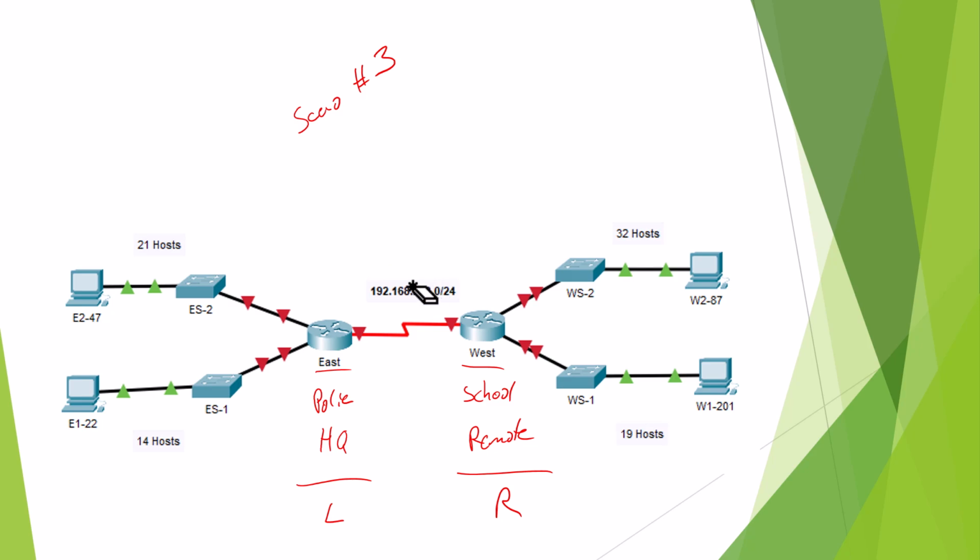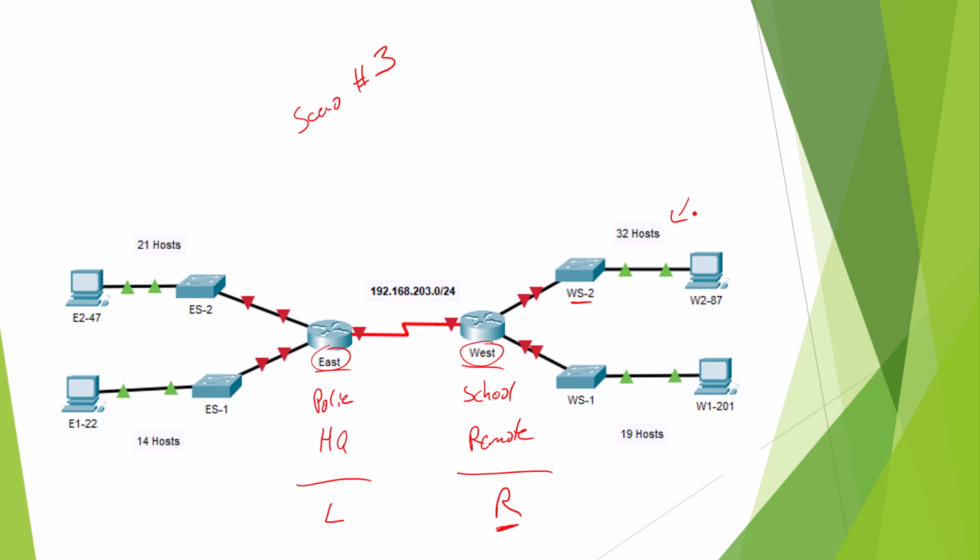So once you figure out what scenario you're working on, again, the names of the devices are irrelevant. What you need to look for is on the west or school or remote on the right-hand side, on the second switch, are there 32 hosts?